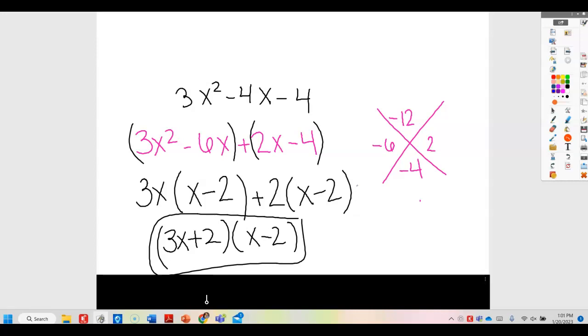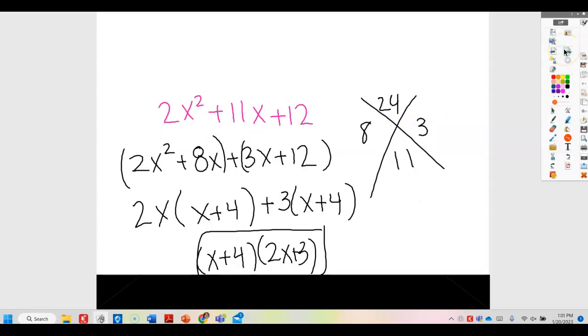Awesome. So it looks like everybody pretty much got that first one: 2x plus 3, x plus 4. I think I saw everybody had it correct.